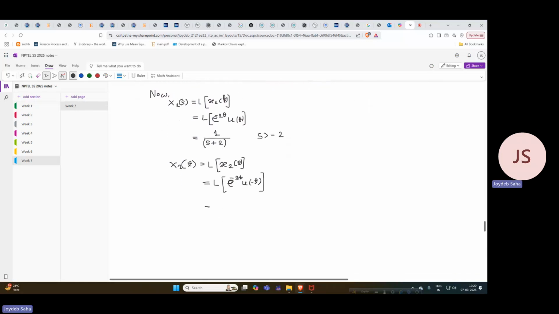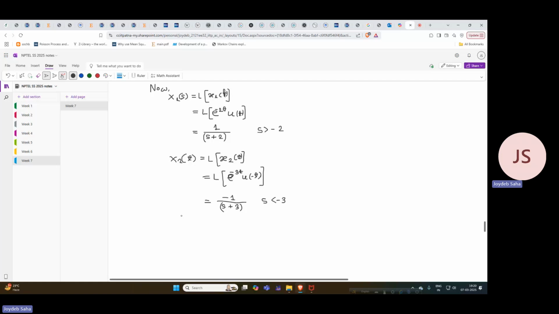And its answer will be simply minus 1 upon s plus 3, with s less than minus 3. It is the region of convergence.